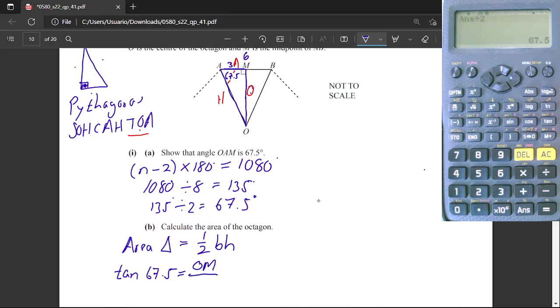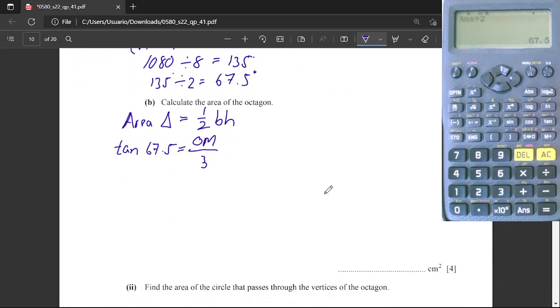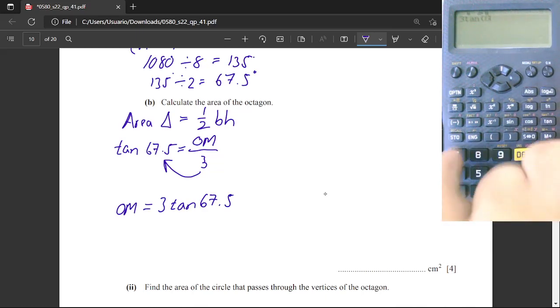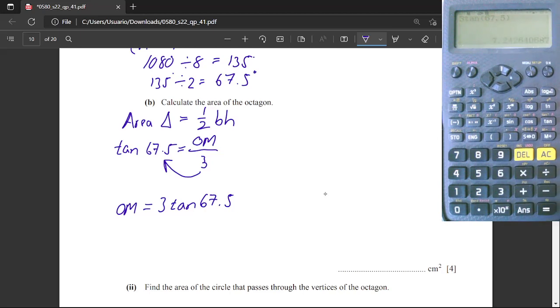The opposite is the line OM over the base there, which is 3. To work out OM, we just need to multiply the 3 on the other side. So OM will equal 3 times tan 67.5. Put that in. And there we go.